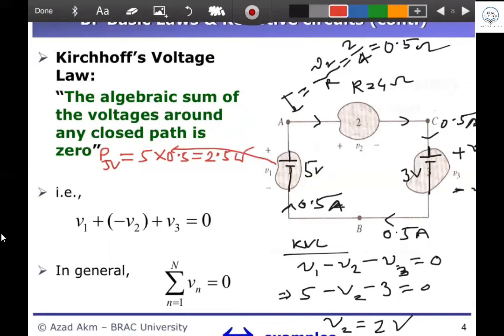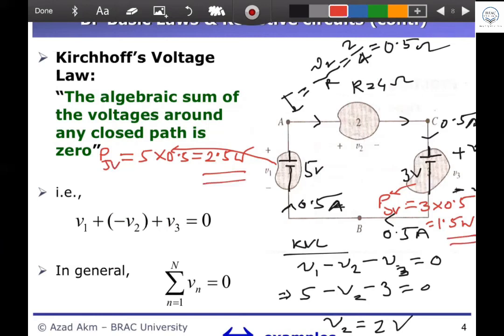And here what does it give? P3 volt is 3 into 0.5, so 1.5 watt. Okay, everybody try to understand. If you do not understand, immediately let me know.